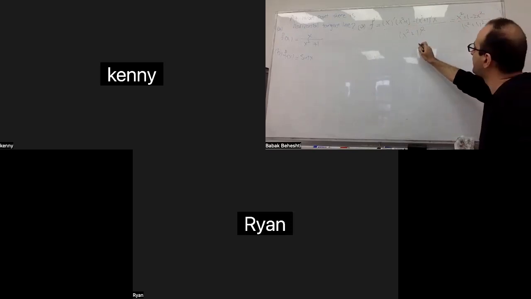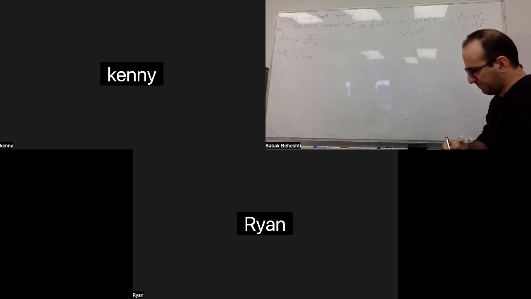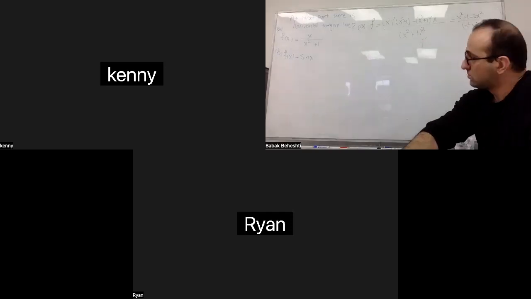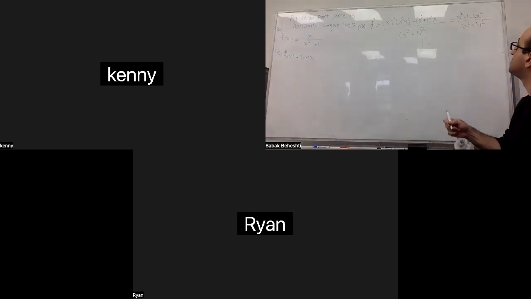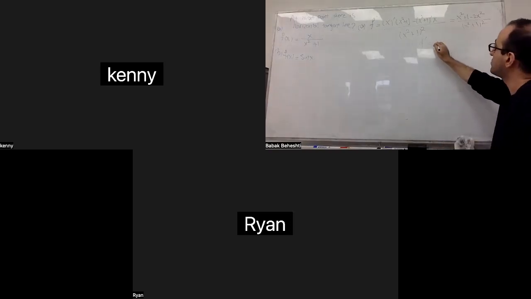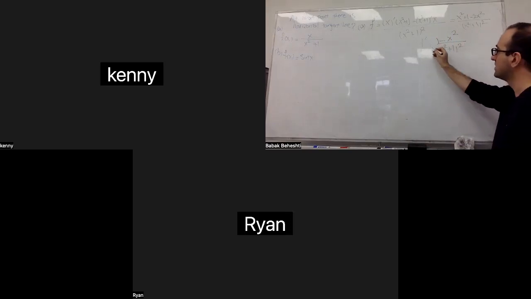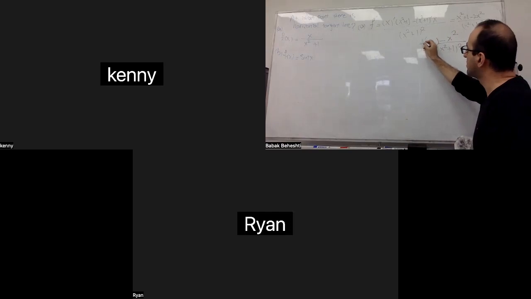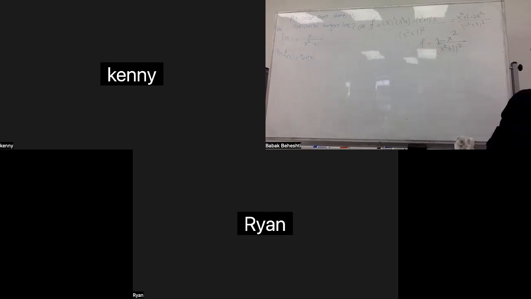So f prime is going to be x squared plus 1 minus 2x squared, so 1 minus x squared over x squared plus 1, the whole thing squared. This is f prime.